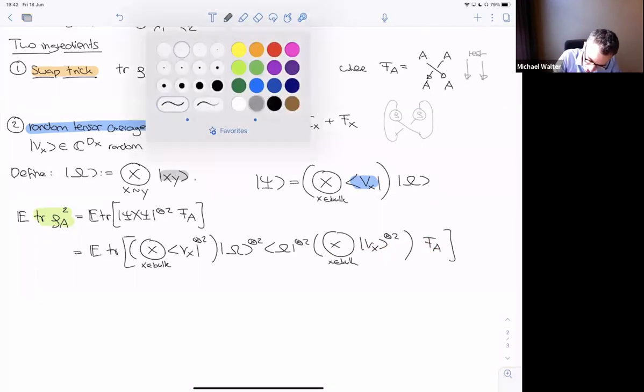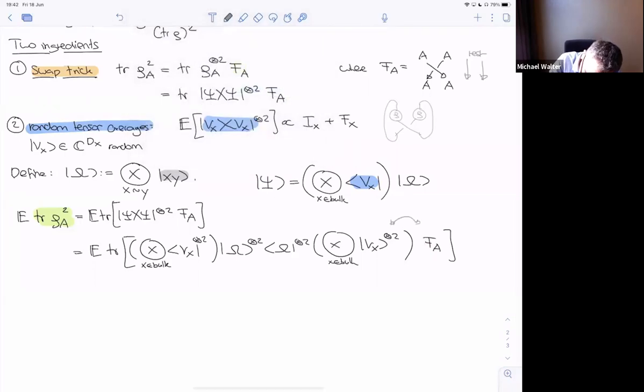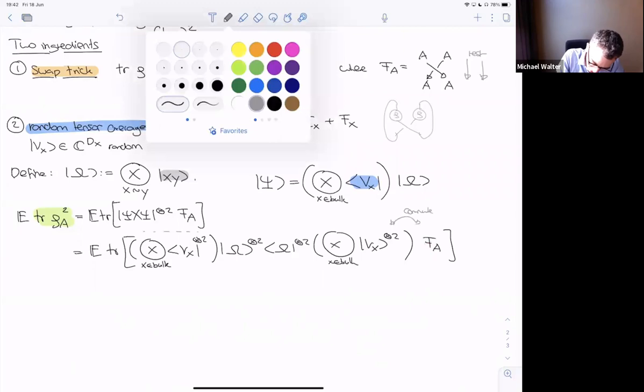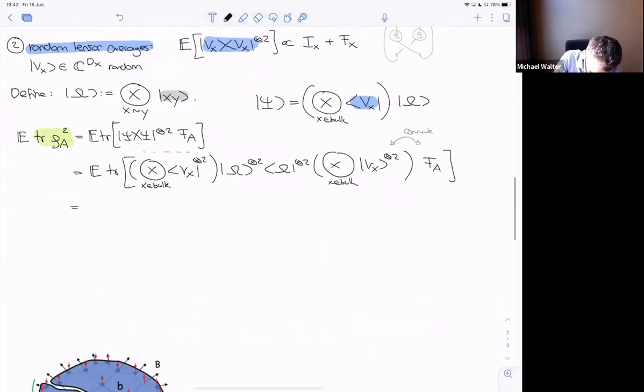One acts on the bulk, and identity on the rest, and the other on the boundary. And likewise with this one here, right? So what I can do, depending on my taste, is either move this guy to the very left, or I can move this one through, using cyclicity, to the other side, and then through this swap operator. Okay, and then all the cats in the bag are sort of nicely aligned. So let's do that. And then we're almost done.